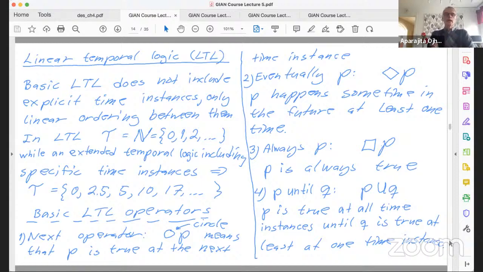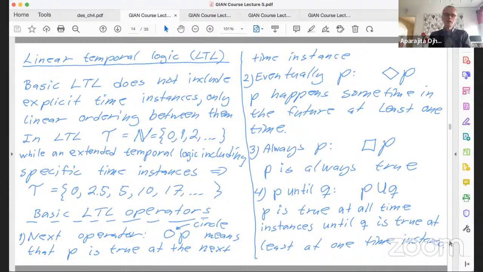It just means that time instance 1 is later than time instance 0, and 2 is later than 1. But the time difference between two time instances could in practice be very different. Actually, I have no clue about that. It's just that something happens before or after something else.